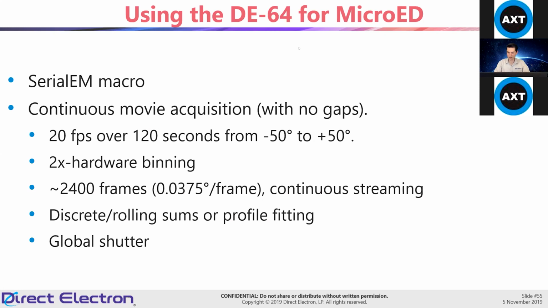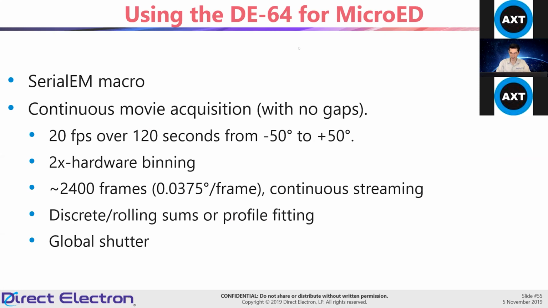But one of the main benefits that I'm going to talk about is the very last point on the slide, which is this global shutter. This is mainly for material science in terms of the way that it functions, but every camera out there based on CMOS uses a rolling shutter.